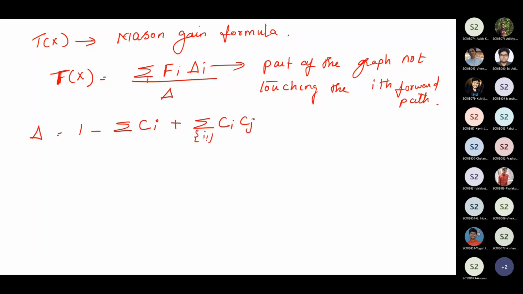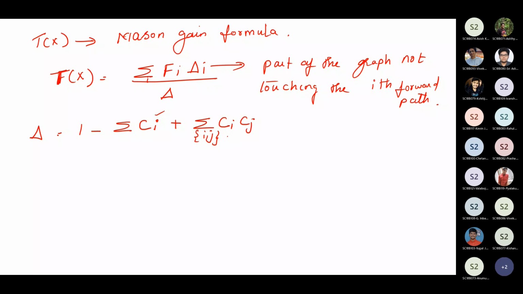What is this one? Can anyone tell me? This is the gain of the loop. How many loops are there in the graph? Based on that, you take the gain of all the loops and add them, and you get the sum of Ci. What about this one?